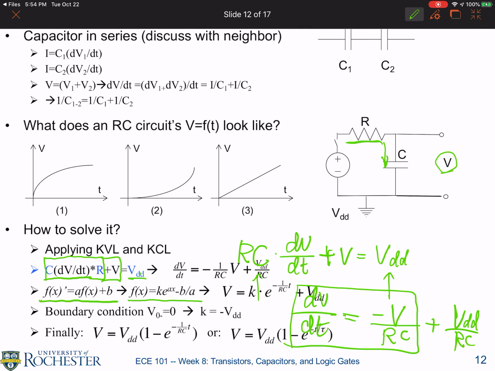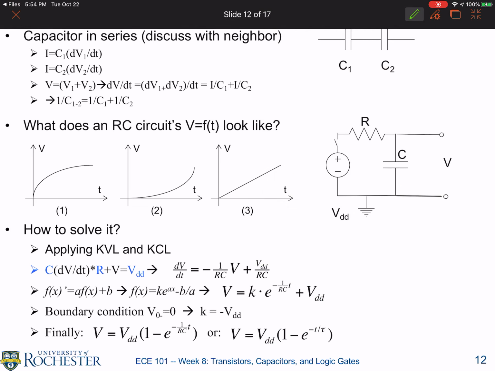If you did all your work, you're going to get something that looks like this. Okay? Or sometimes we write it in a simpler way. It's VDD times 1 minus a decaying exponential function, e to the minus t over tau. Tau is the constant.